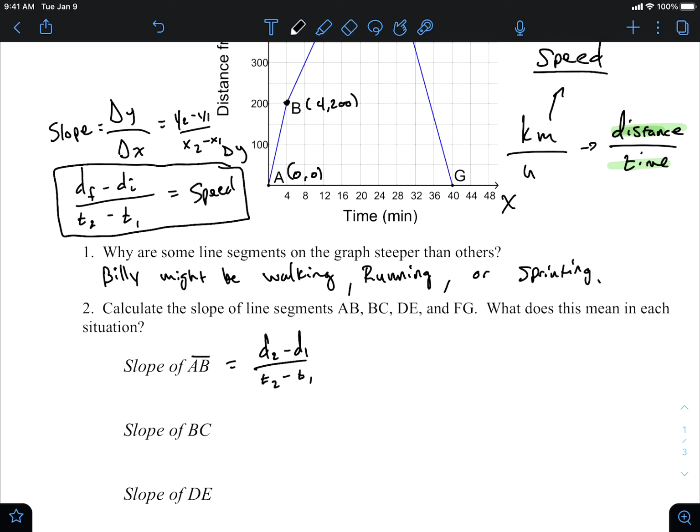When I plug this in, d2 is going to be 200, take away 0, over 4, take away 0. So we're going to get 200 divided by 4. What's 200 divided by 4? 50, that's it.